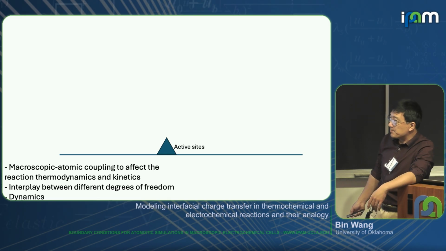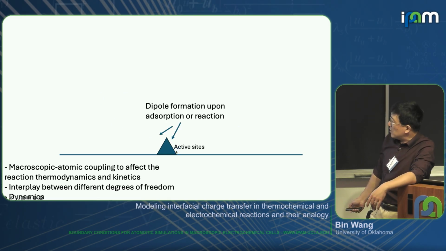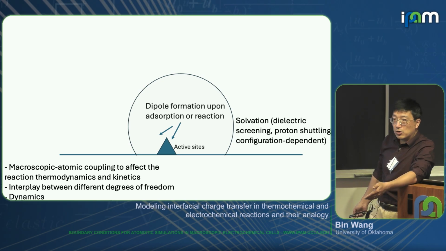So that's one summary. Suppose I have an active site. Now, when I have molecular adsorption or some reaction happens from some transition state, there might be some dipole formation at the active site. This dipole formation is very sensitive to the local environment. So the local solvation, particularly in the first solvation shell, provides dielectric screening and proton shuttling, and this is very configuration dependent.